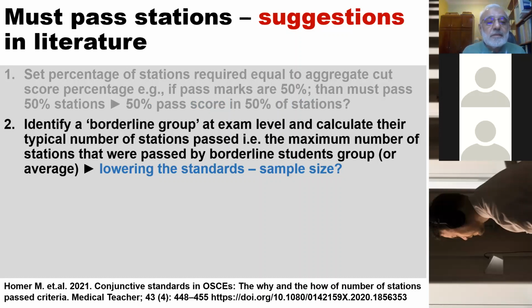Similarly, another suggestion in the literature is to identify a borderline group at examination level and calculate the typical number of stations they passed, either their maximum number or average. Again, this would mean lowering the standard of the examination, unless the sample size is quite big, which can cover many confounding factors.